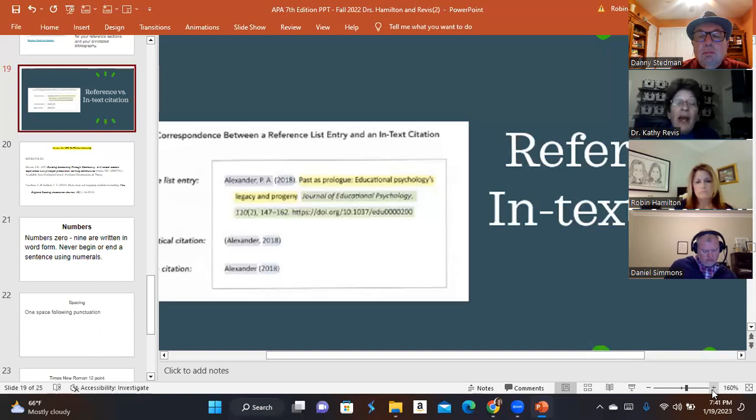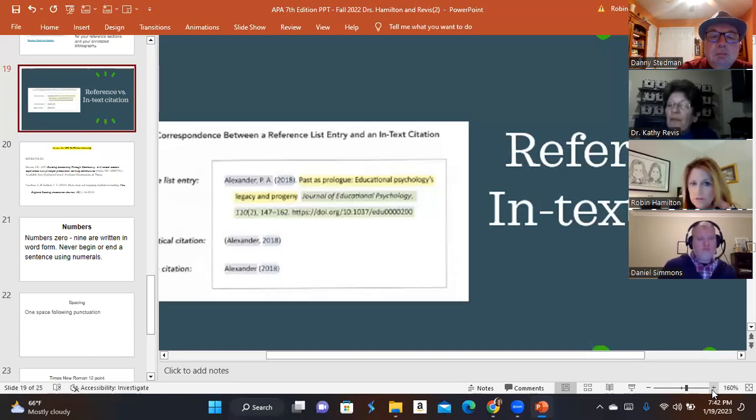And then you have, help me here, Dr. Stedman and Dr. Hamilton, I can't remember. The journal, volume, issue, page numbers, and in this case, a link to it. Right. You end it with a DOI if it has that. Okay. And notice the hanging indent.